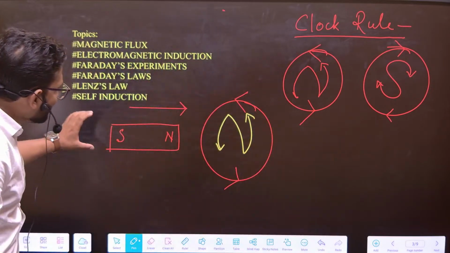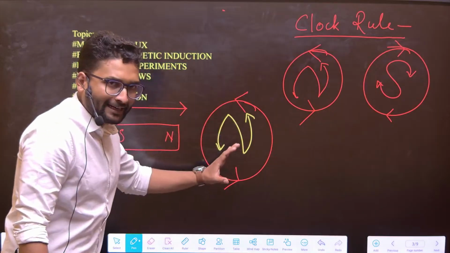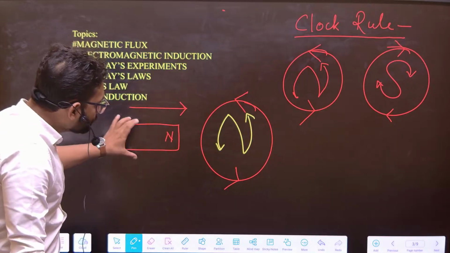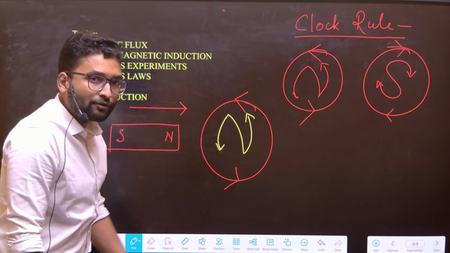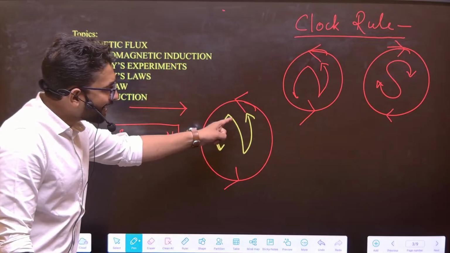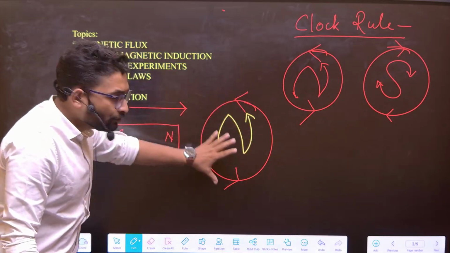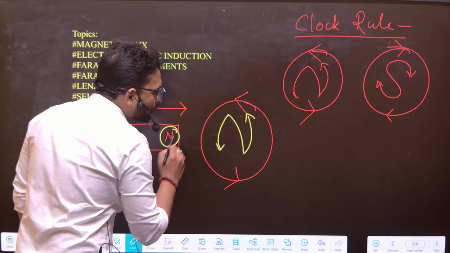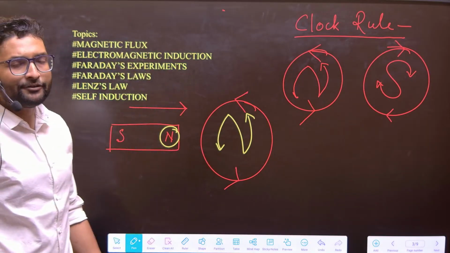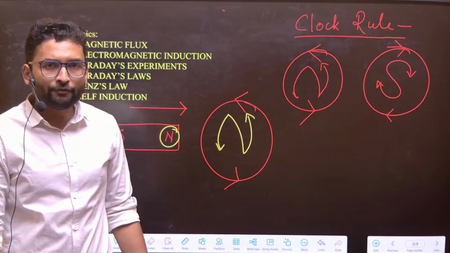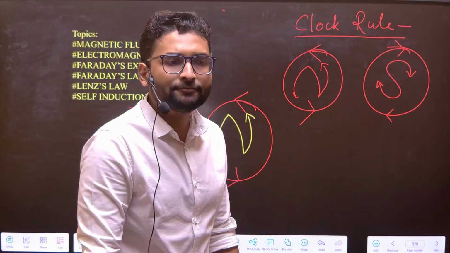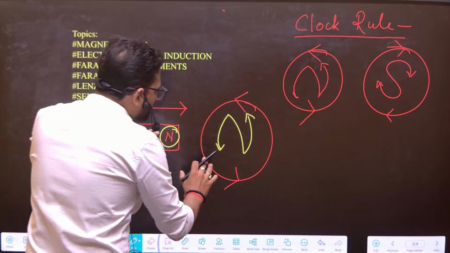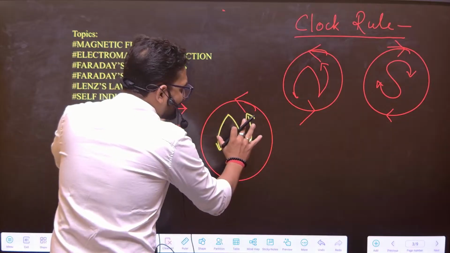Now when you are taking this magnet towards the coil, what is causing the change in magnetic flux? The approach of the north pole of the magnet towards the coil. And what is the polarity acquired by the circular loop? North polarity. So this is north pole and this is also north polarity. What kind of force will exist between them? Of course, alike poles, so the force will be repulsive. That means there will be a repulsive force between the magnet and the coil.